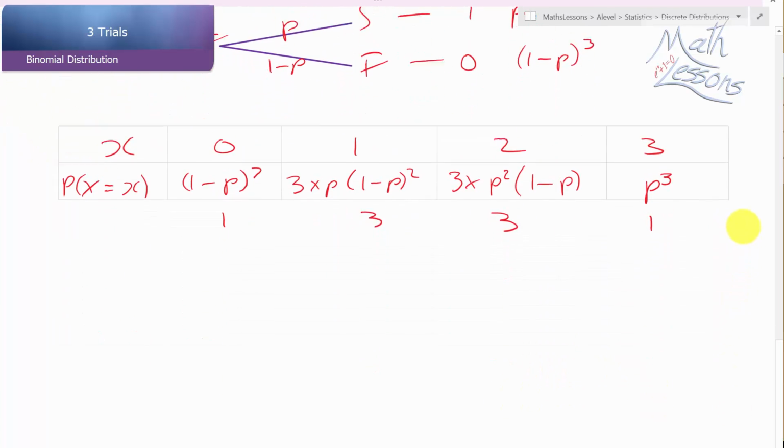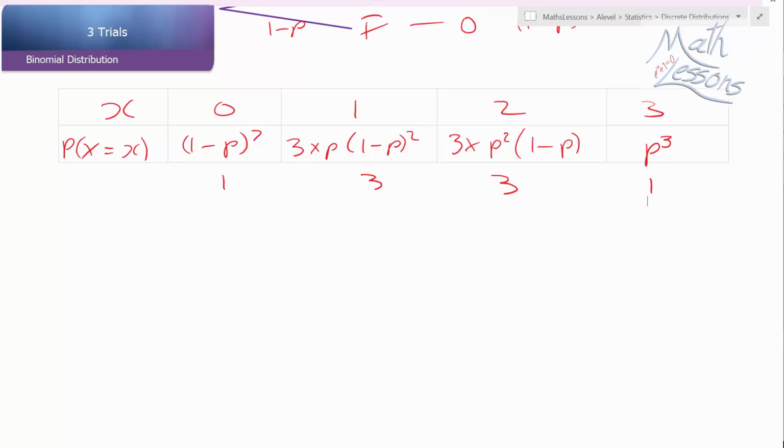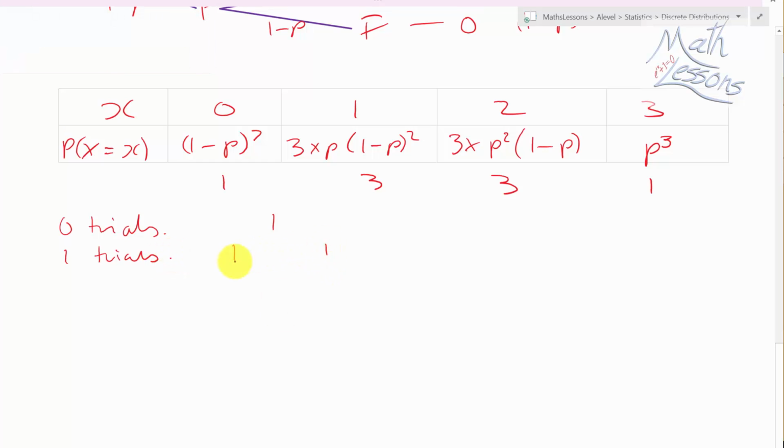So if we go back to this, let's look at no trials. Well, there's no successful outcomes, there's nothing that can happen, there's only one way. Okay, it's dead certain that we're going to get no successes. If we have one trial, then we're going to have 1 and 1 as the number of ways. You can have 0 successes or 1 success.